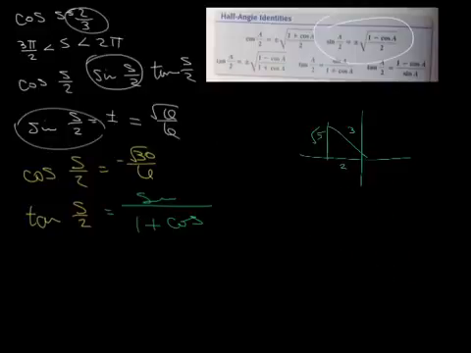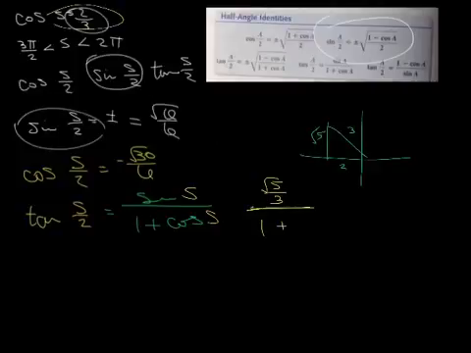Alright, so now I've got my sine of s, so I'm going to have opposite over hypotenuse, square root of 5 over 3, over 1 plus the cosine of s, which is up here.